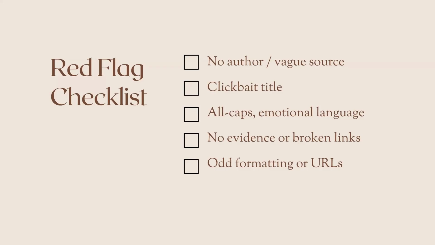Like, how am I going to know what a website is unless I click on it? Typically, if a link is very long and has a lot of random numbers and letters intermixed in it, that's odd formatting or a URL that lacks professional standards, and that could be something that is not as reputable.